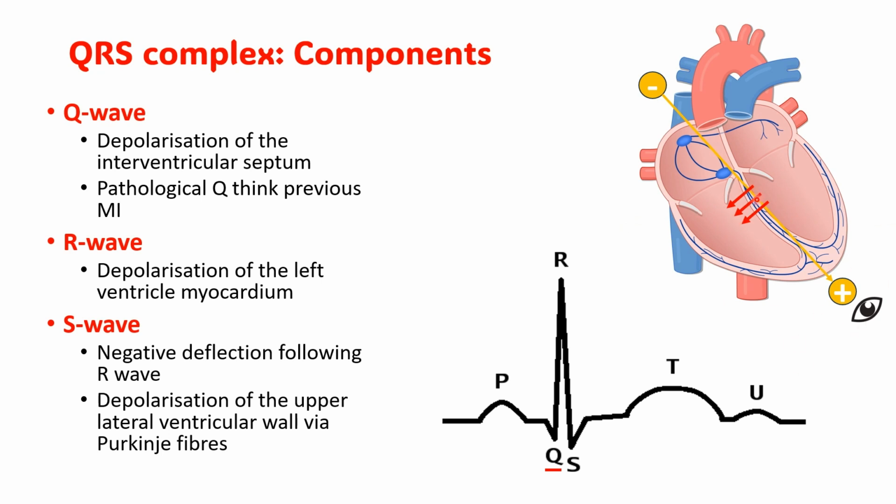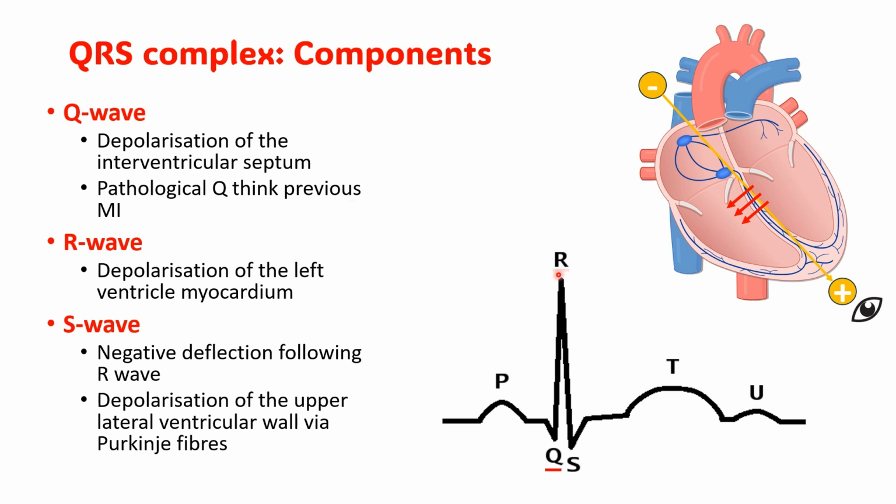Therefore, this is why it has a negative deflection on the ECG trace. Okay, and it's always important to remember about pathological Q waves. We want to think, has this patient had a previous MI? We're going to talk about them later in the video.